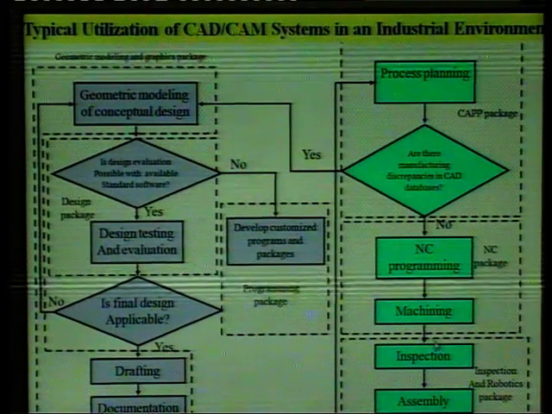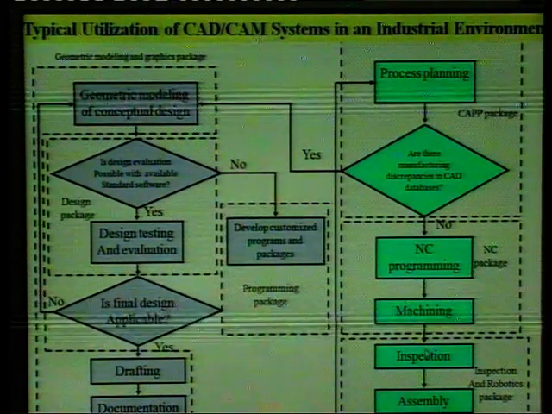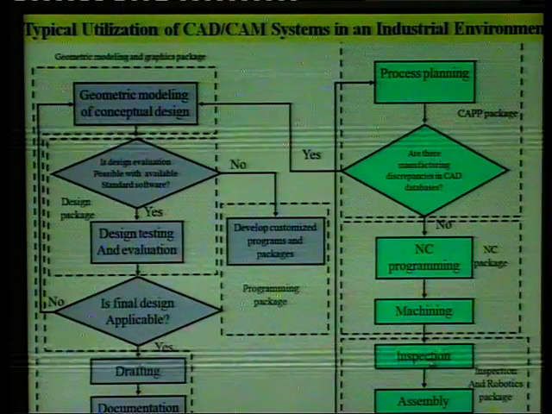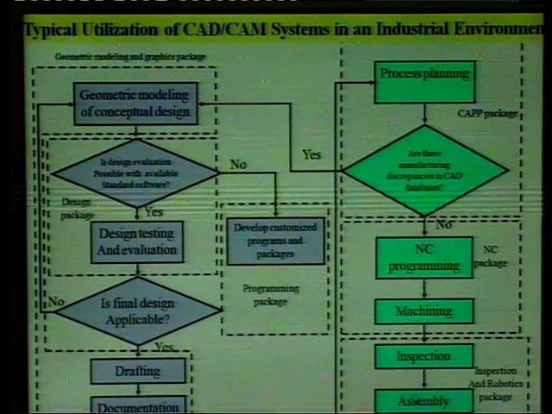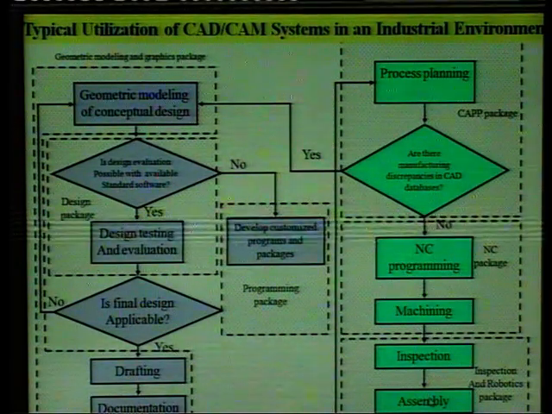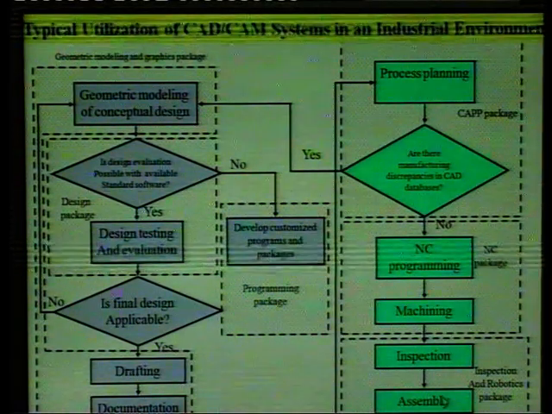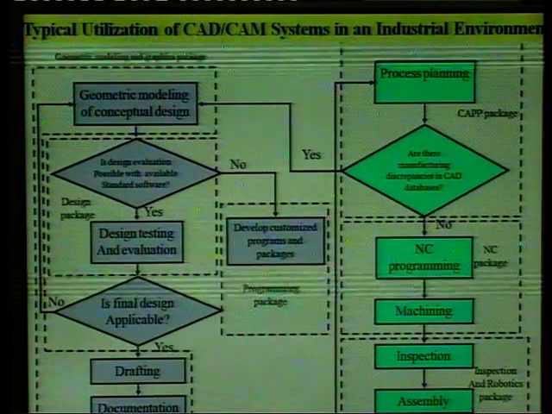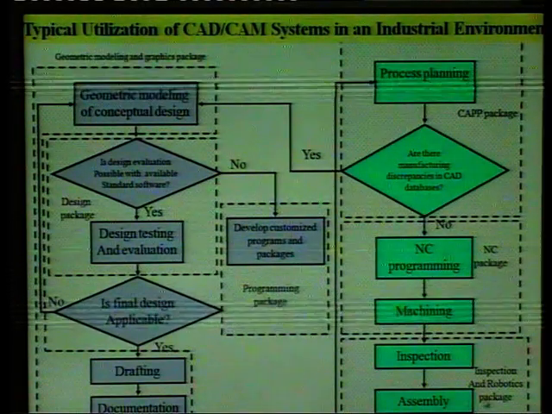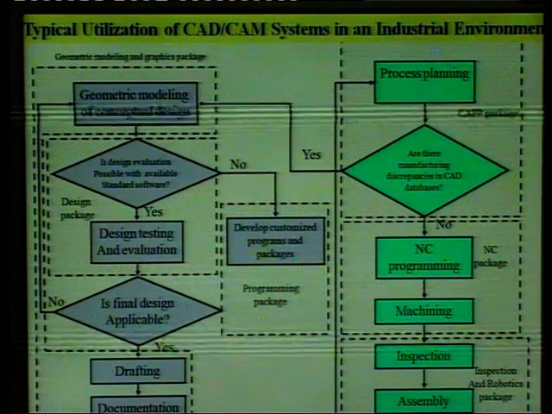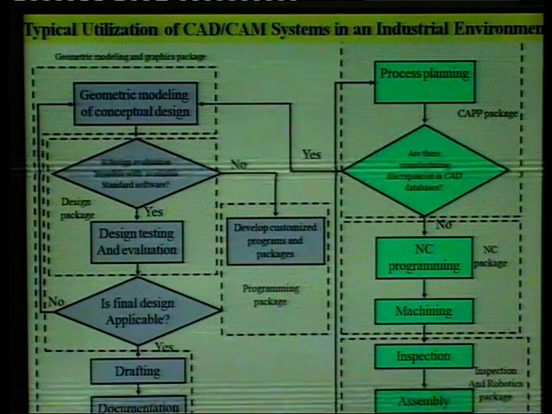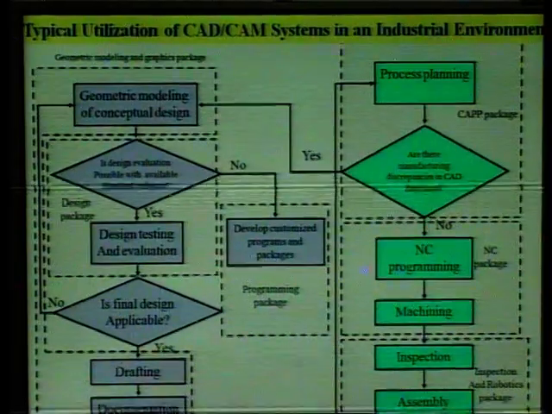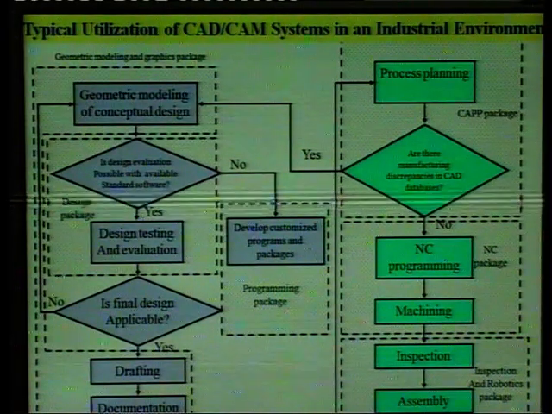Otherwise it is conducted on some of the parts in a lot, and once that lot is accepted, the different parts manufactured are assembled together and the final product is received. In the inspection stage and the assembly stage, we make use of robots. So, this way in a typical industry, the CAD CAM system is utilized.